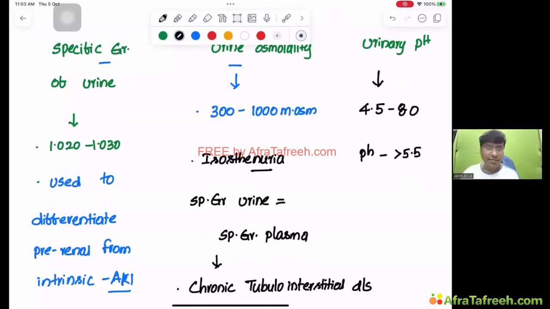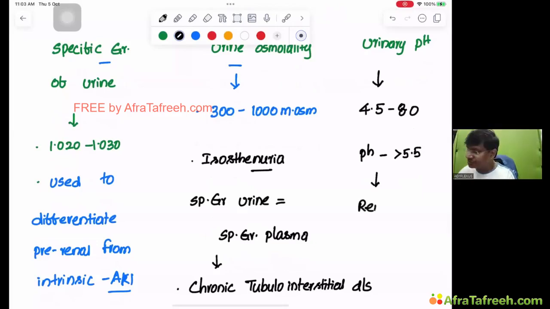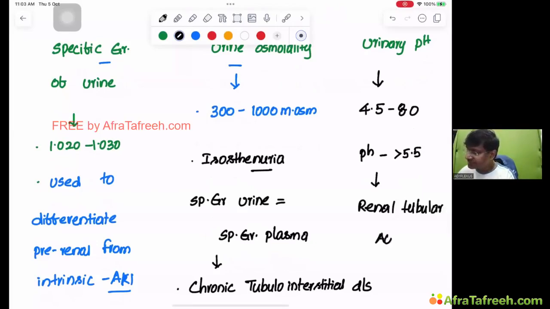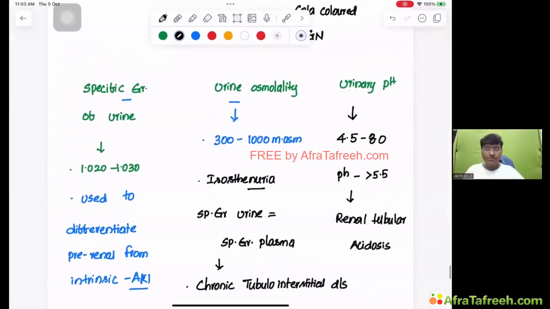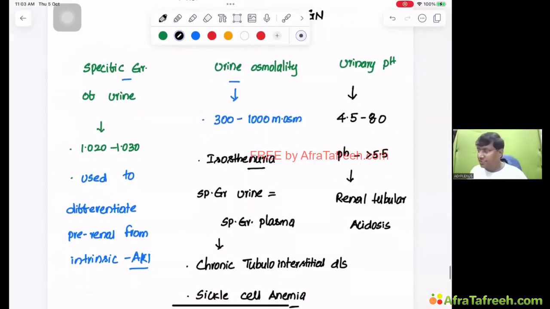But in one scenario the urinary pH remains more than 5.5 and will not reduce at all, and you get that in cases of renal tubular acidosis. We will be discussing that in detail. So this is about the specific gravity of the urine, urine osmolality, and the urinary pH. So this finishes your urine analysis.